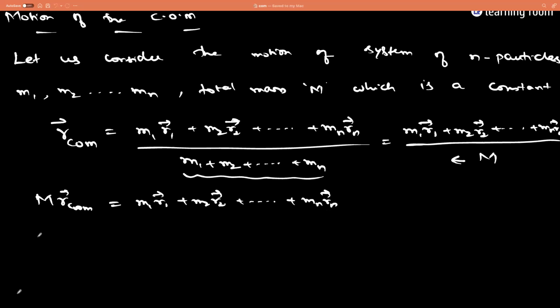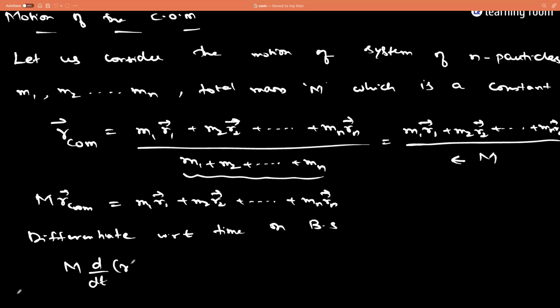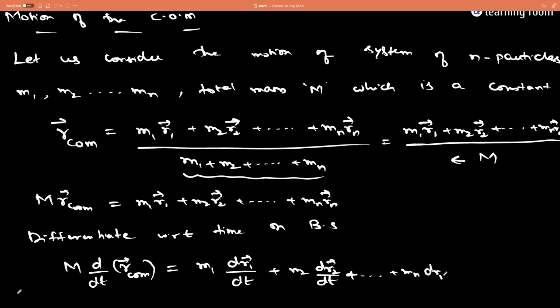Now what we will do is differentiate with respect to time on both sides. When you do this, you will get capital M into d by dt of r coordinate of center of mass is equal to m1 into dr1 vector divided by dt plus m2 into dr2 vector divided by dt plus so on till mn into drn vector divided by dt.